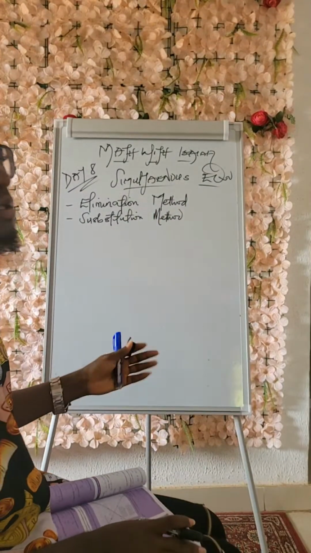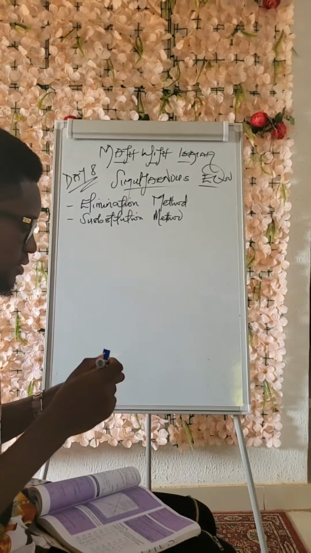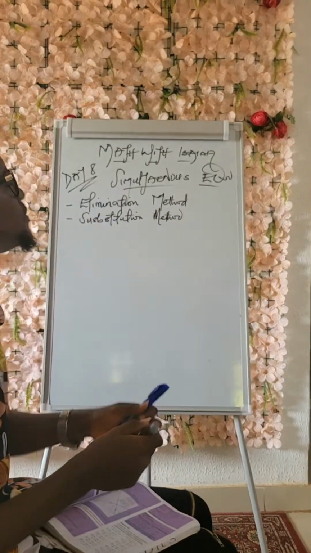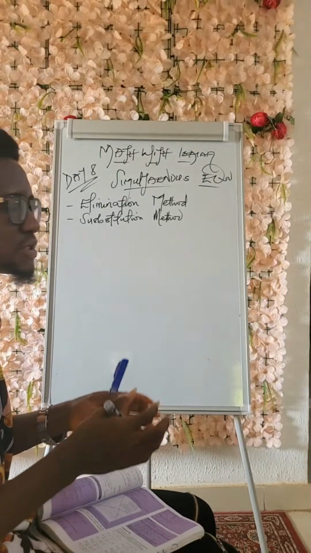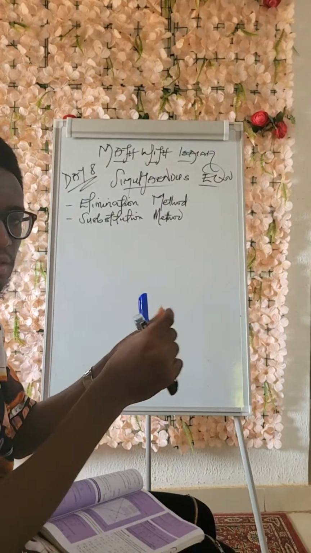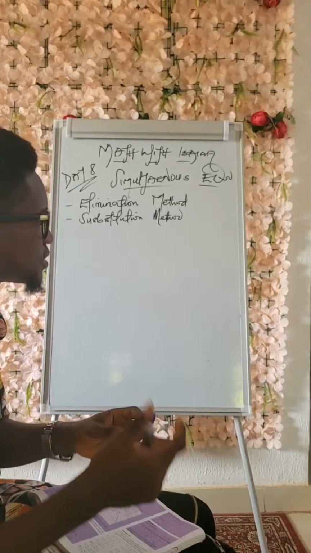So elimination method and substitution method. When you say simultaneous equations, what that simply means is two equations simultaneously. That's what simultaneous equations means.